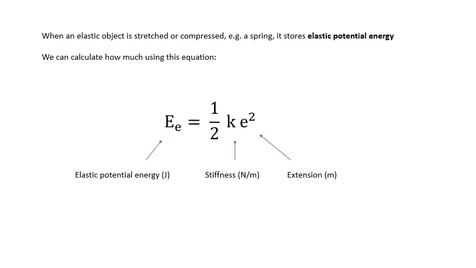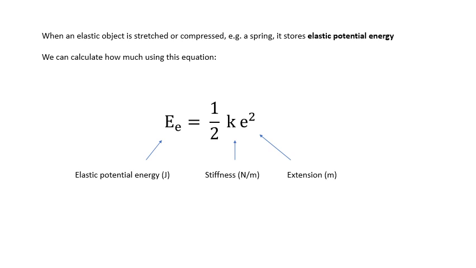When an elastic object, like a spring, is stretched or compressed, it stores elastic potential energy. The word potential actually means stored. And the equation there is that Ee, elastic potential energy, is a half ke squared. So Ee is the elastic potential energy, again in joules, equals a half, or 0.5, times k. k is the stiffness of the object in newtons per meter.